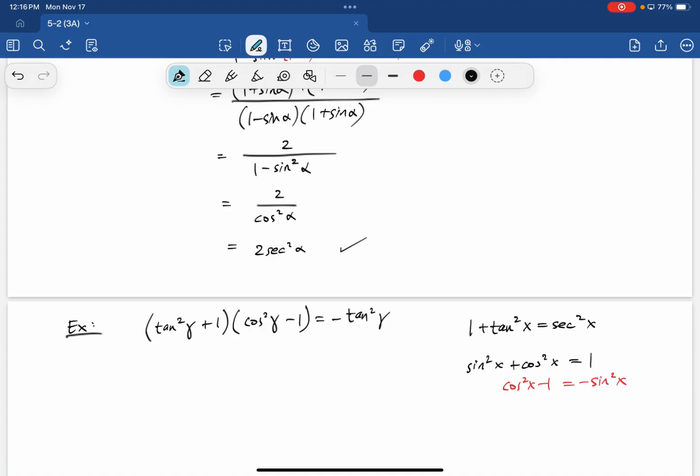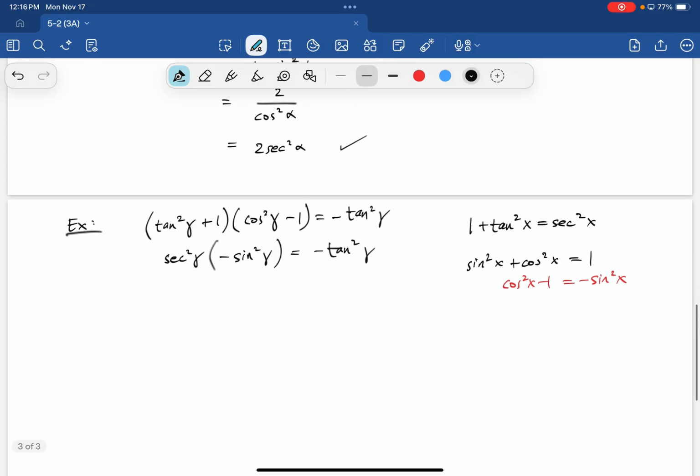So that means we can simplify this expression as secant squared gamma times negative sine squared gamma, which should equal negative tangent squared gamma. The next step is to simplify the left side by writing secant squared as 1 over cosine squared.